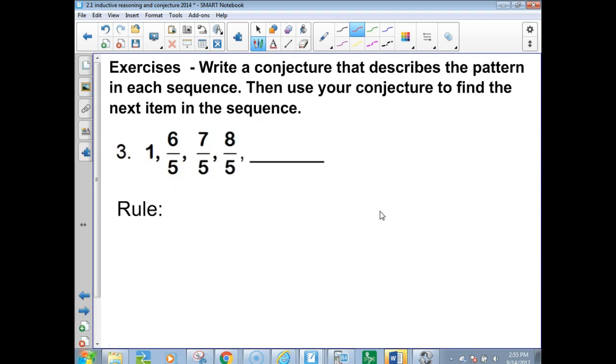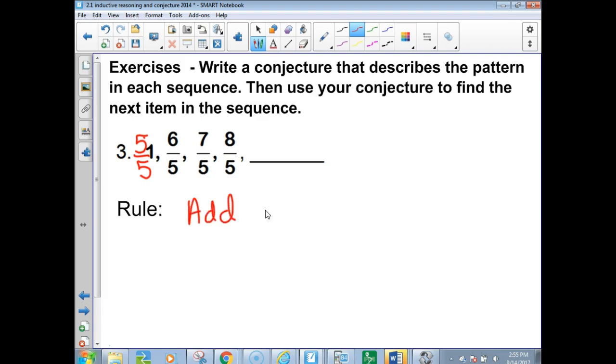Okay, this one's harder. So I'm going to give you a hint. 1 can be written as fifths, 5 over 5. Okay, and I don't want you to write "add 1 to the numerator." Kenny, did you say something? Excellent. Okay.